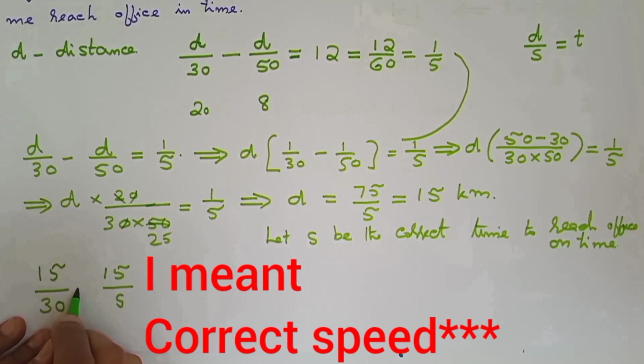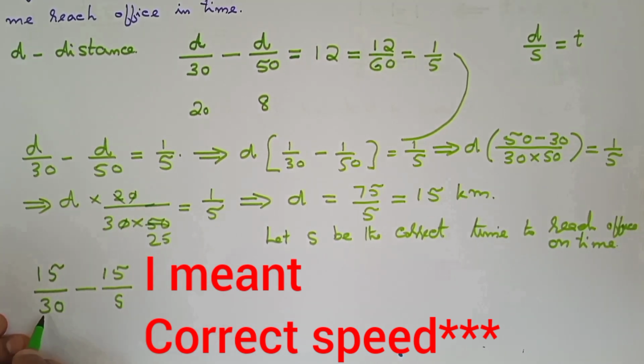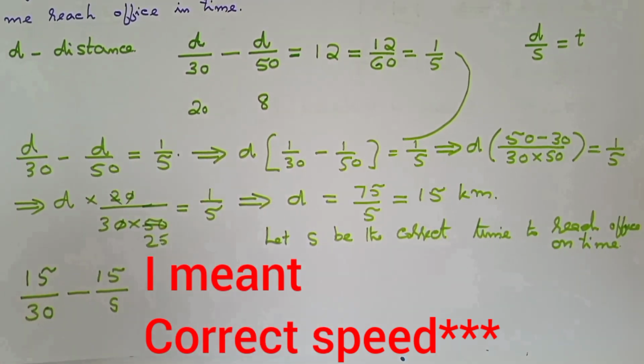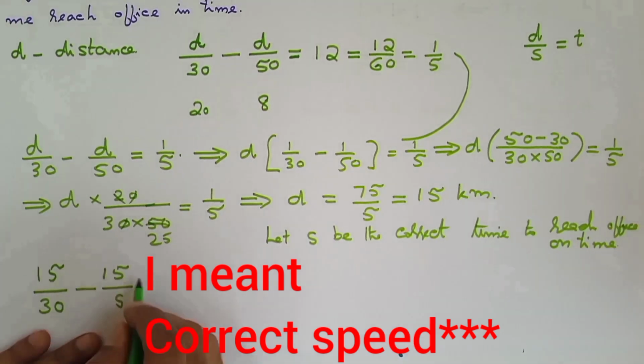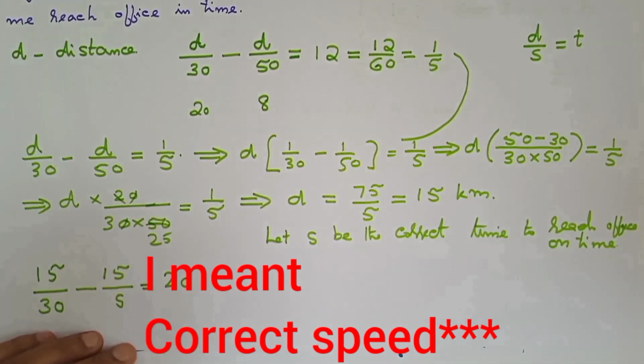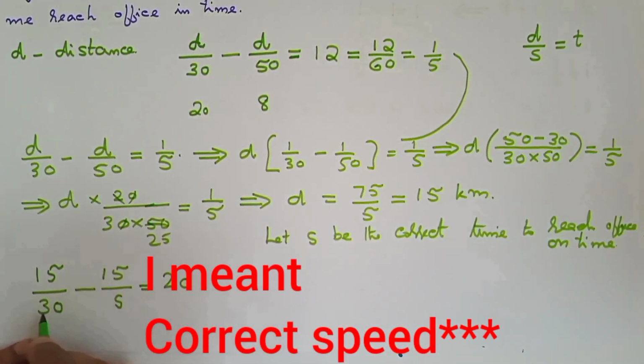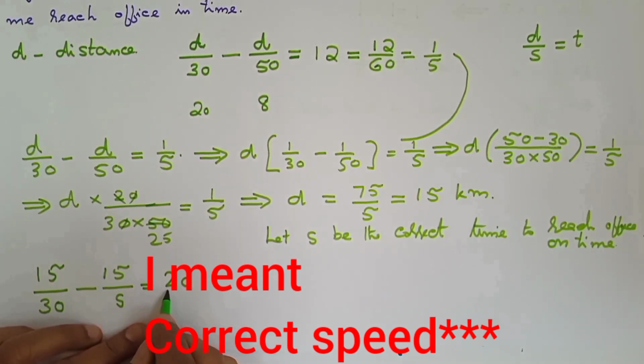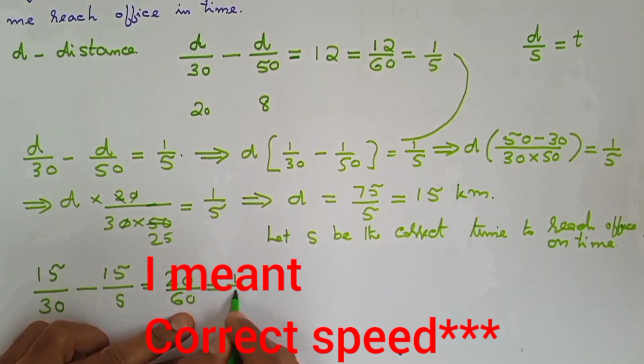Rather, when you increase the speed from 30 to S, we don't know what it is, but when you increase that, the 20 minutes gain will be there in time duration. Rather, this is equal to 20 minutes. Like I did here, everything else is in hours, so you convert this into hours. That will be 1 by 3.